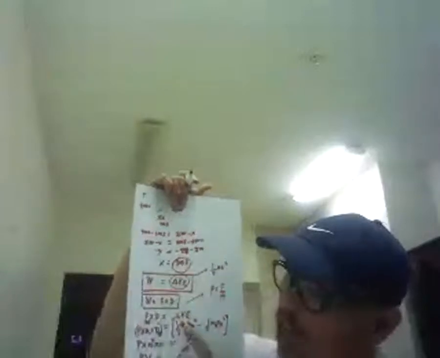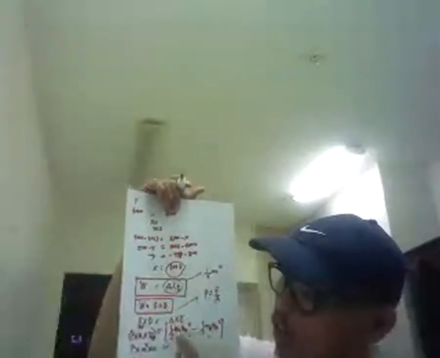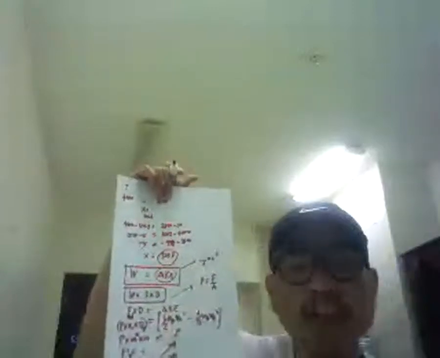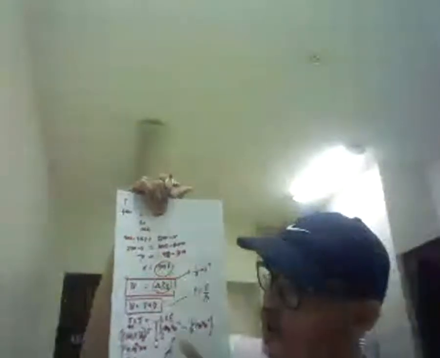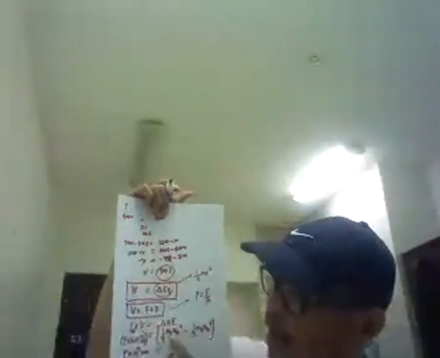Now, mass is here and this is squared. So there's also a formula. Density is equal to mass over volume, right? So since this is a mass, compute for the mass.